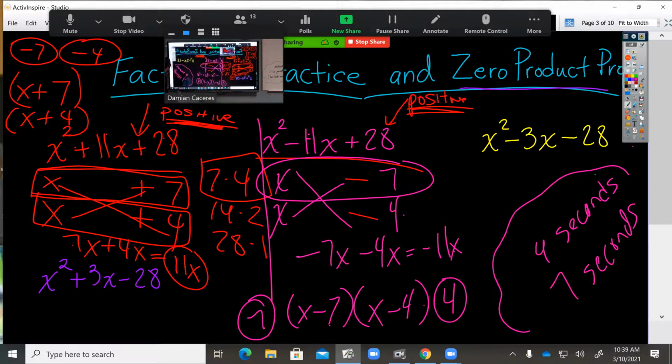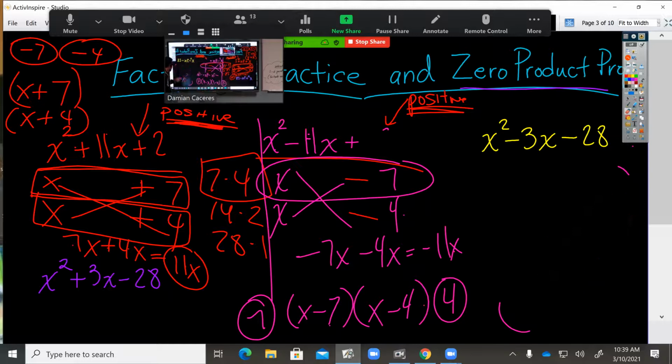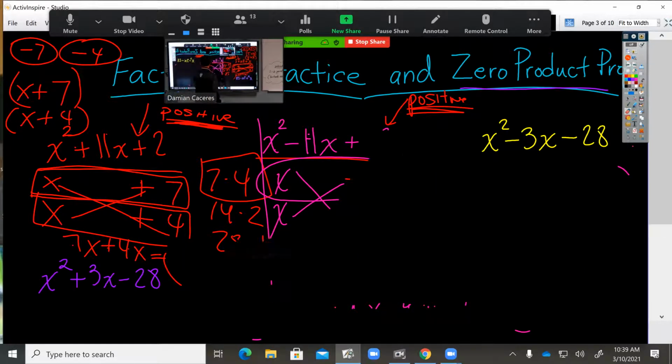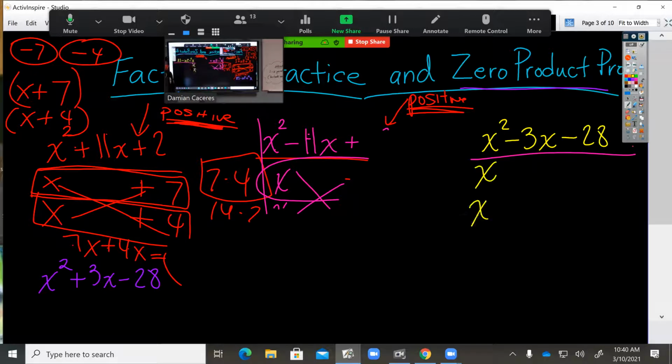So now, let's review the ones with a negative at the end, because the first two had a positive 28. Let me explain it. Look, break down the first and the last number, and break down the 28.